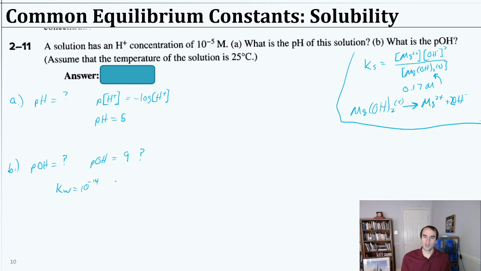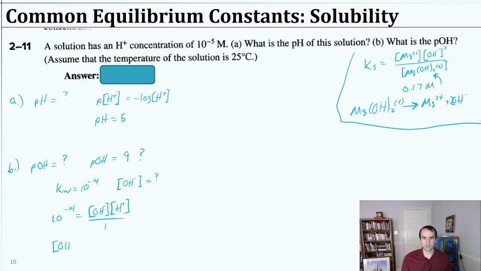So for pOH, what we need to find is the OH concentration, OH minus. And so we know that 10 to the minus 14 is going to be equal to OH minus times H plus divided by the 1 from the water. And so here we were given the H concentration, 10 to the minus fifth. So really all we need to do is solve for the OH.